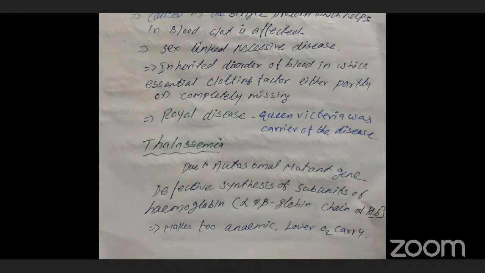Automatically, whoever suffers from thalassemia becomes anemic. The oxygen carrier level of affected persons will be very low. Clear? The next, third genetic disease is sickle cell anemia.